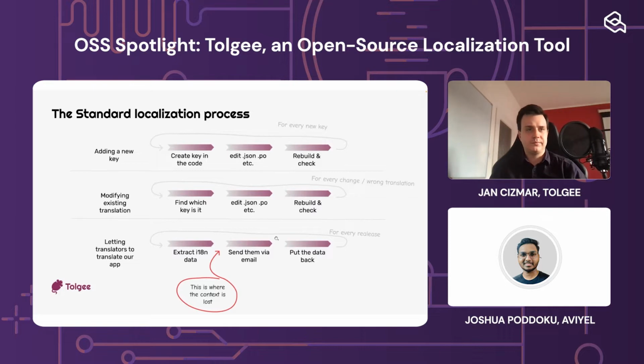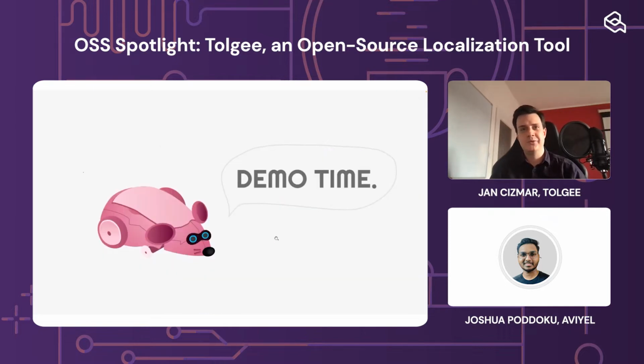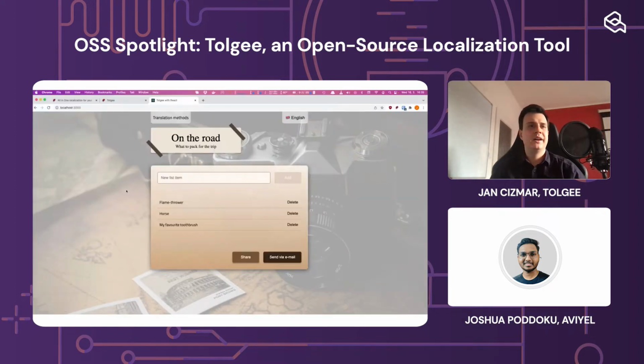And now I'm going to show you how Tolgee is changing the thing, and how the process can be simplified with Tolgee. So I have an example app here, which is some kind of application written in React, and it's something like a to-do list. It's a list of what I want to pack with me for some trip.